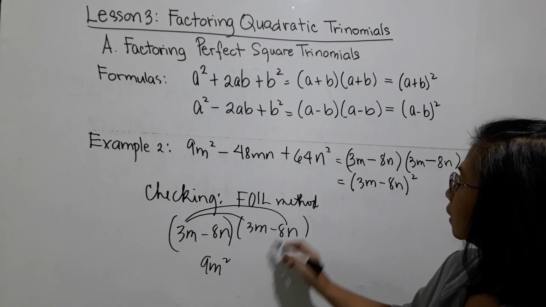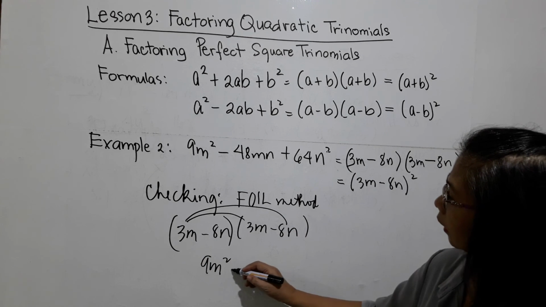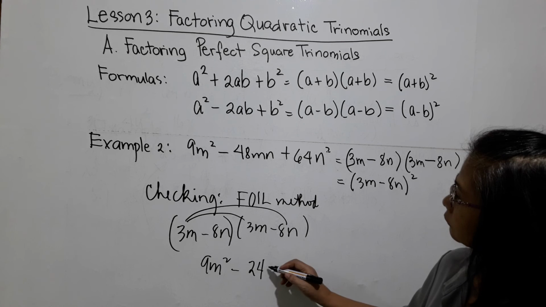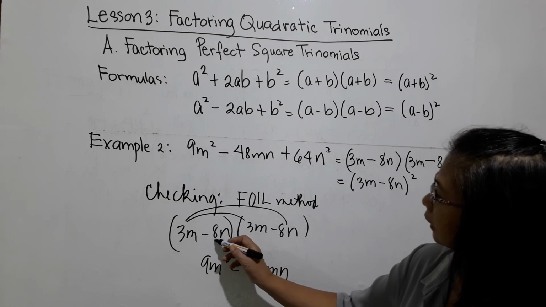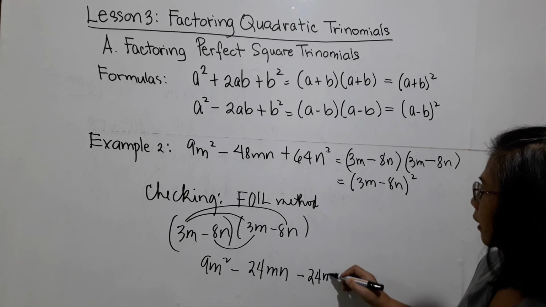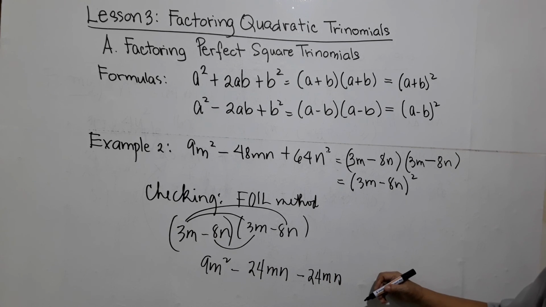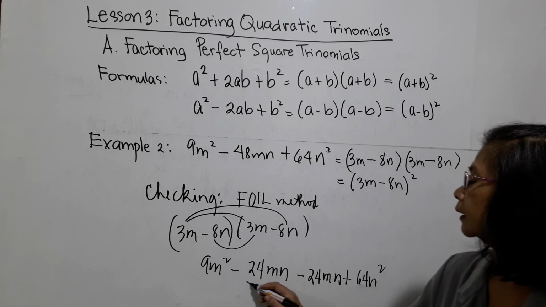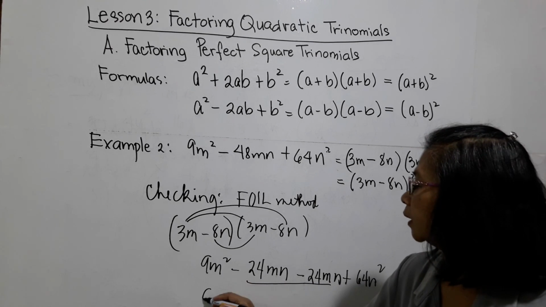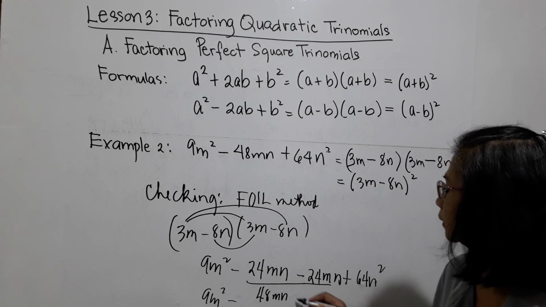The outer terms, we multiply 3m by negative 8n, we have negative 24mn. The inner terms, negative 24mn. The last terms, negative 8n times negative 8n, positive 64n squared. Then simplify the like terms. Copy 9m squared minus 48mn plus 64n squared.